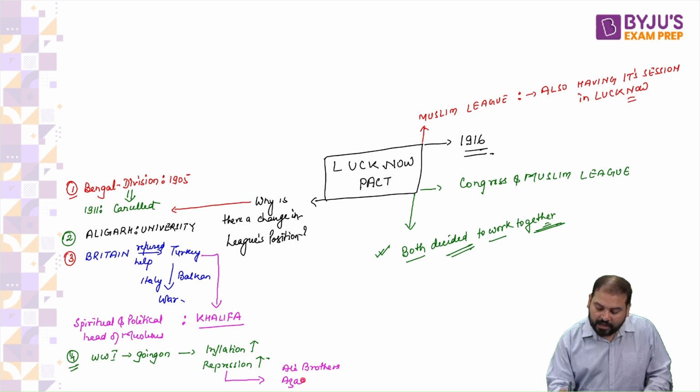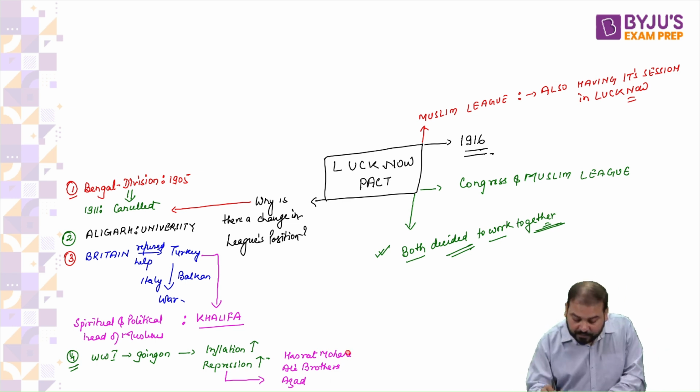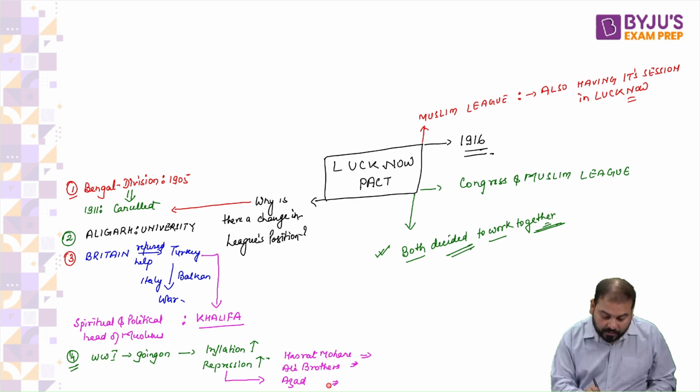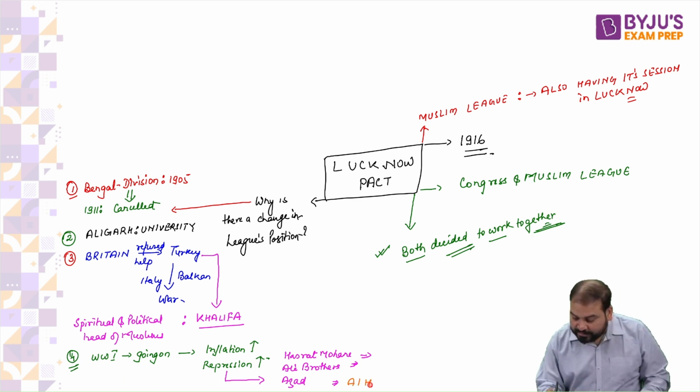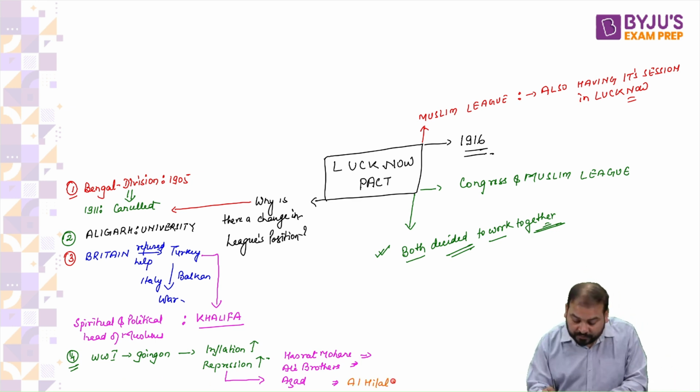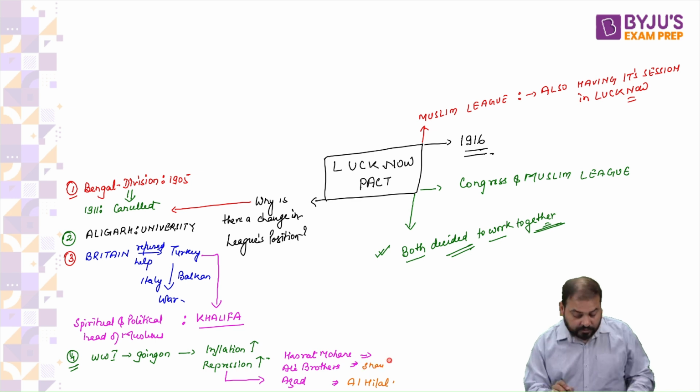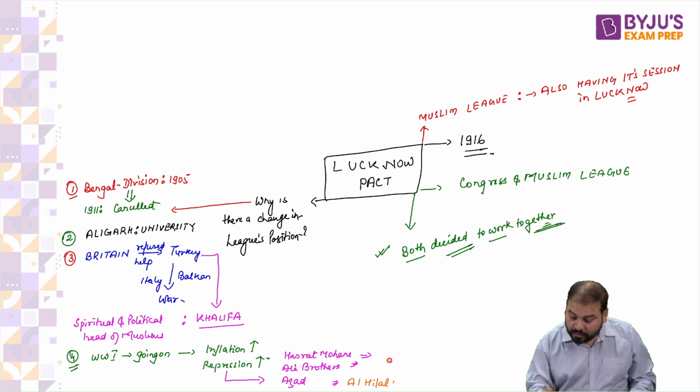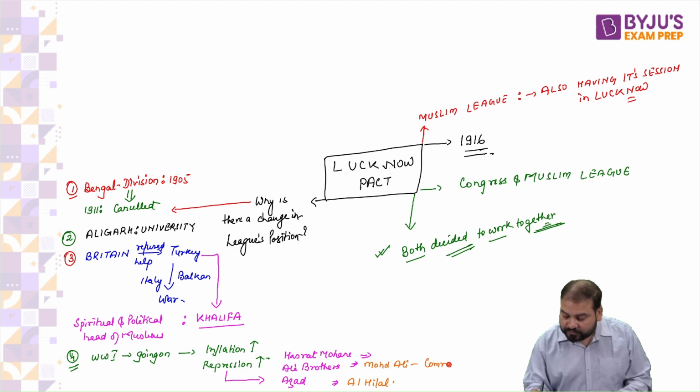Similarly, Maulana Azad, Hazrat Mohani, all these people were arrested. Azad's newspaper Al Hilal was stopped. Similarly, Muhammad Ali's newspaper Comrade was stopped.